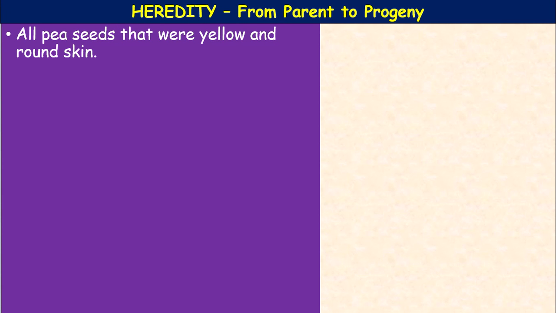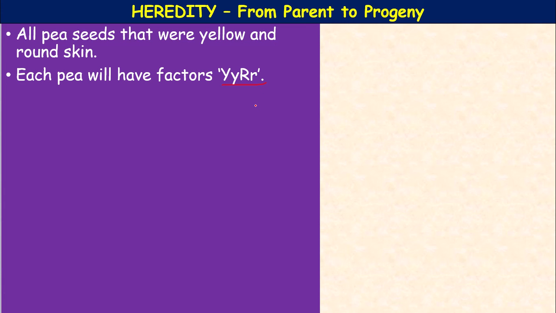So all the pea seeds that were yellow and round skinned, by taking the two contrasting characters, each pea will have the factors capital Y, small y, capital R, small r.